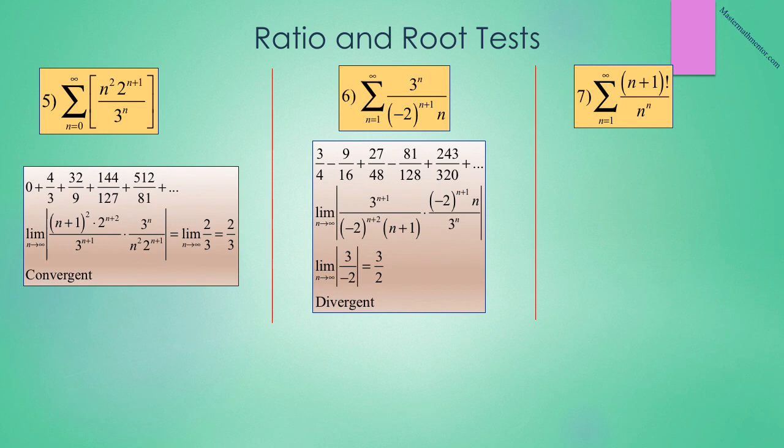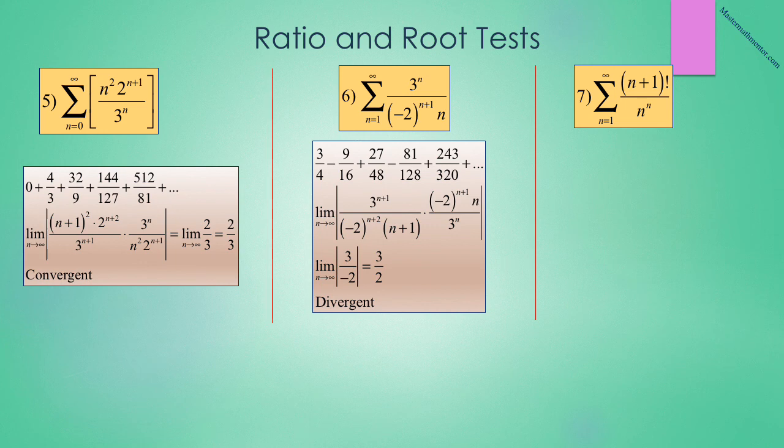We look at the limit as n approaches infinity of the absolute value of 3 to the n plus 1 over negative 2 to the n plus 2 times n plus 1, times negative 2 raised to the n plus 1 times n over 3 to the n. There are three things to worry about here, the 2's, the 3's, and the n's.